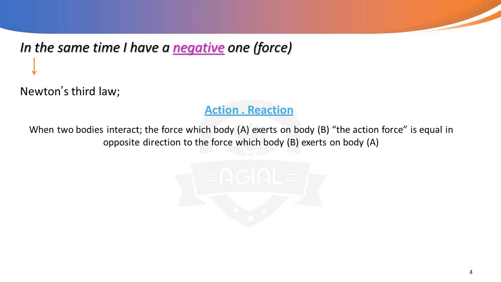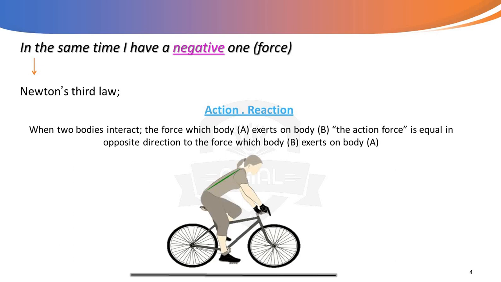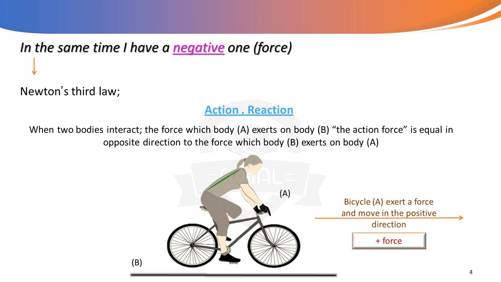Let's see an example. If I have a bicycle, this bicycle will represent body A and the road will represent body B. This bicycle, or body A, exerts a force on body B, on the road, and moves in the positive direction. So its force will be the positive force.